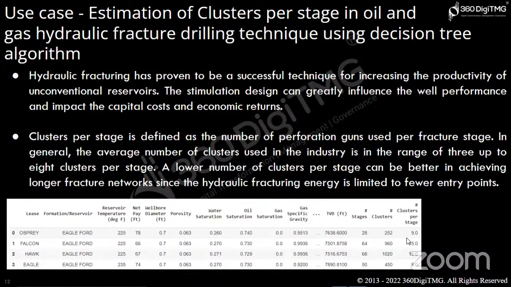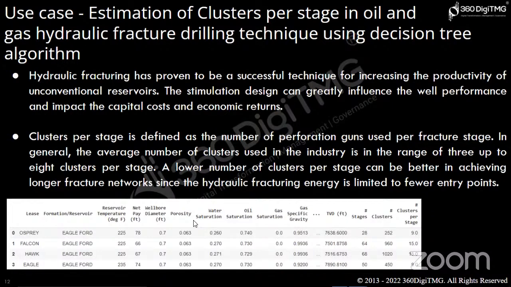That is the data. Here I have the formation or reservoir name, and the reservoir temperature. Net pay is how many feet we have gone into, what diameter we have drilled, and what the porosity is. Porosity is related to the rock material that we have there.